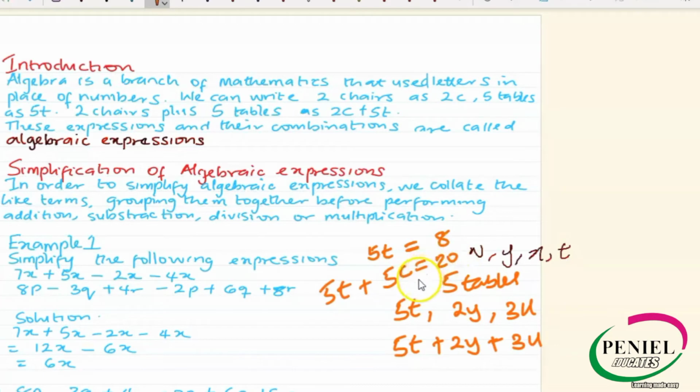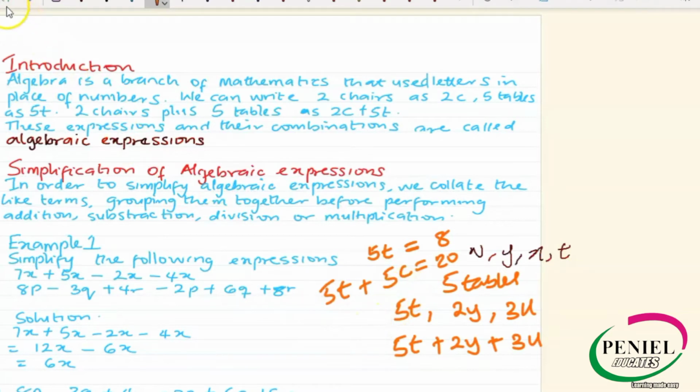So we can also use the equality sign to form other algebraic statements. So we'll be looking at how we can simplify and also use substitution of these expressions in what we are doing.